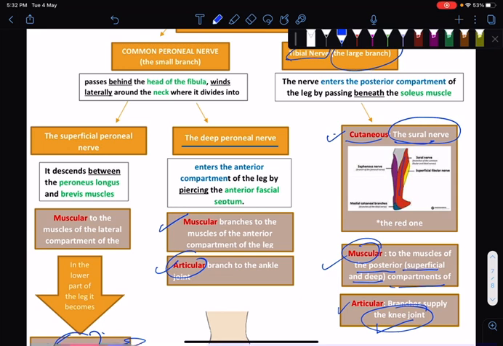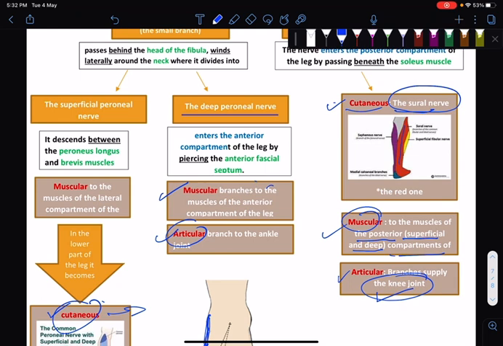So السبتم اللي بتقسم الانتيريور يتم اختراقها من قبل هذا النيرف which is the deep peroneal nerve. بعطينا muscular، بروح للانتيريور compartment of the leg، اللي هم اللي حكيناهم tibialis anterior والاكستنسورز.